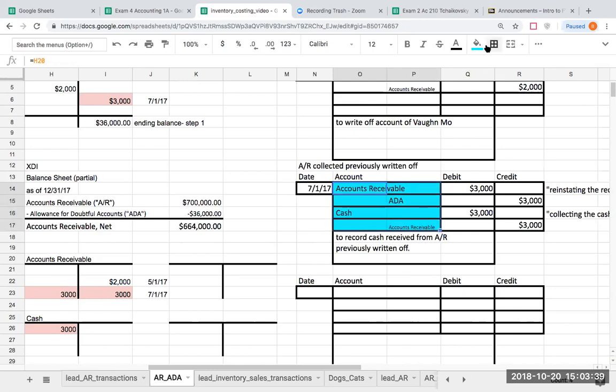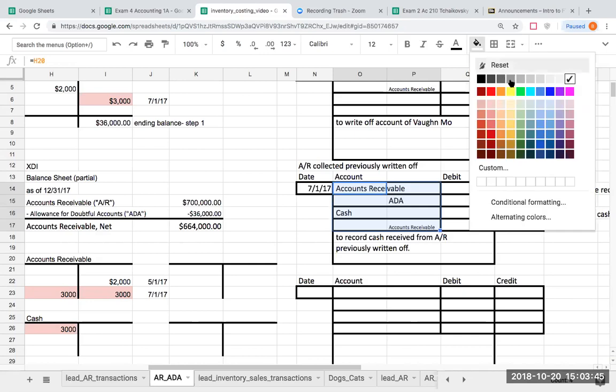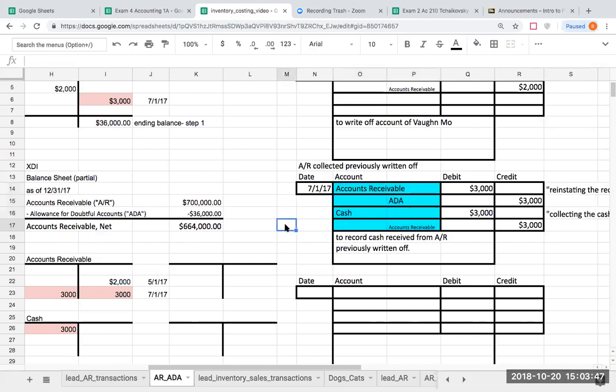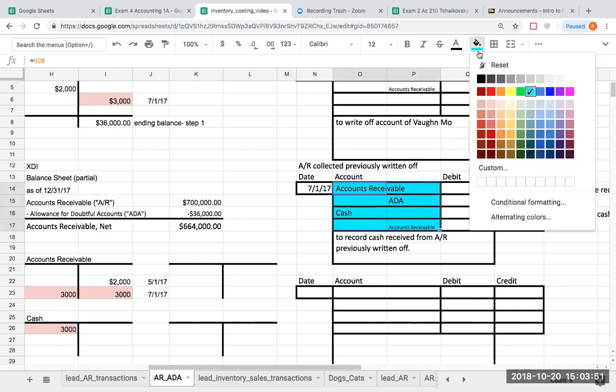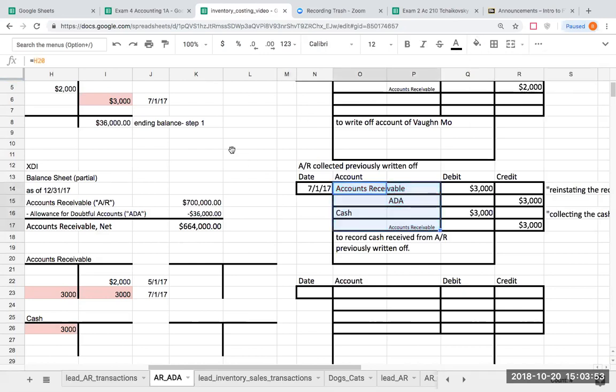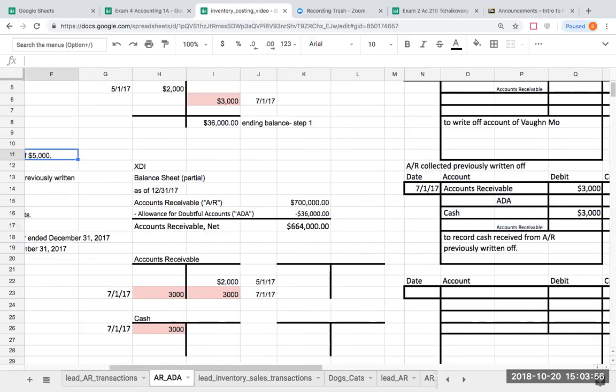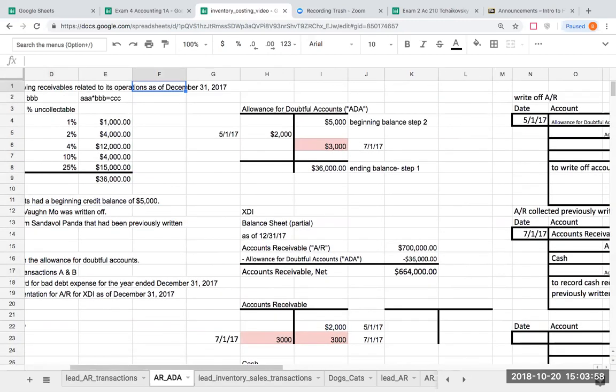So is this a good thing to memorize for my test? And the answer is absolutely yes. This highlight here in blue will never change for that transaction. So that takes us to our very last part, which is going through and recording what we call bad debt expense.